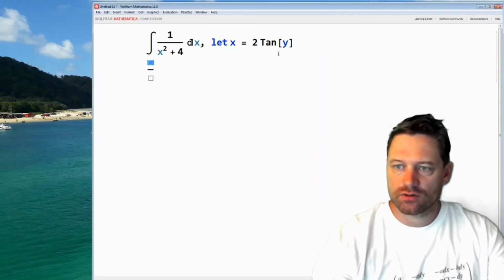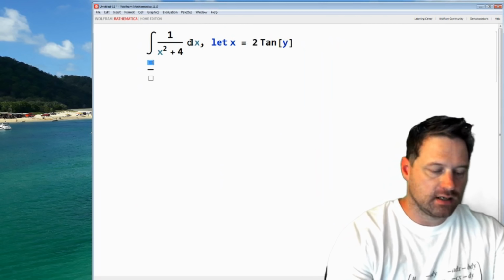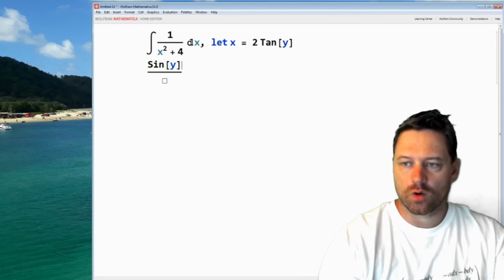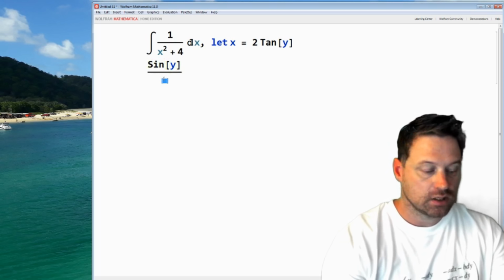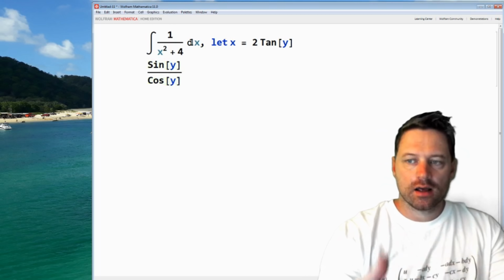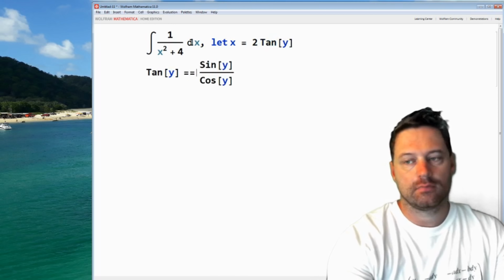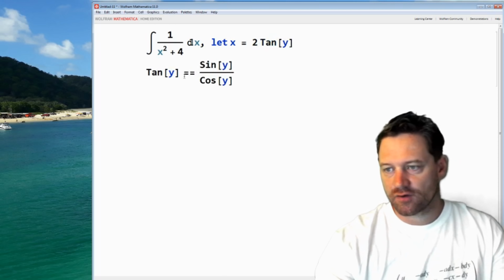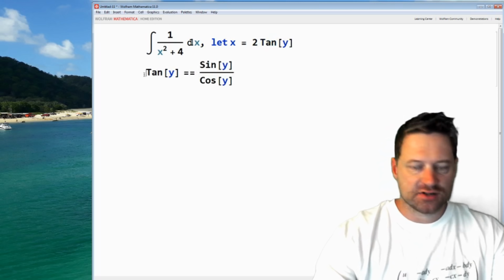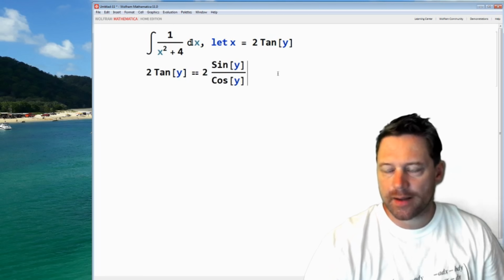Now I'll close that, and then I'll just say sine of y over cos of y. Now this is tan of y. Tan of y is sine of y over cos of y. But we're interested in twice tan of y, so let's just put a 2 in front of that.